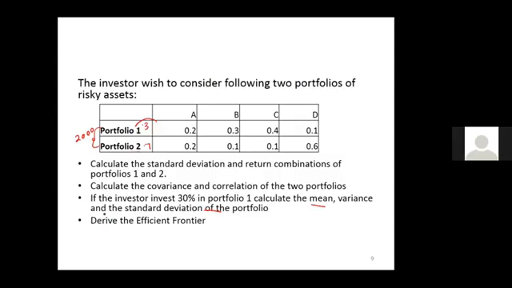It means you can invest all the money in portfolio 1 and borrow some money from the market. 1.1 or 1.2 means you can borrow from the market and invest in the portfolio. So now we have to do those calculations. If you have understood well, now we can apply that.